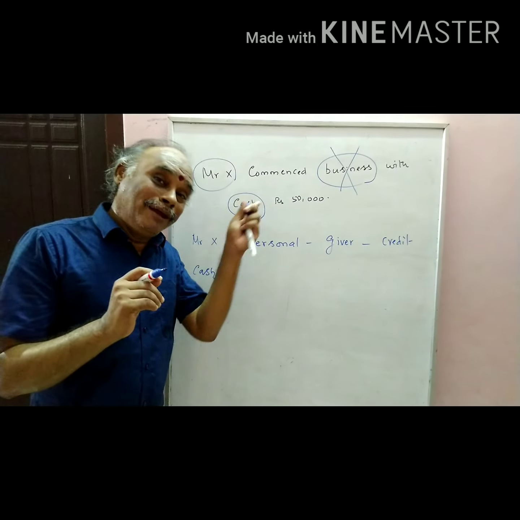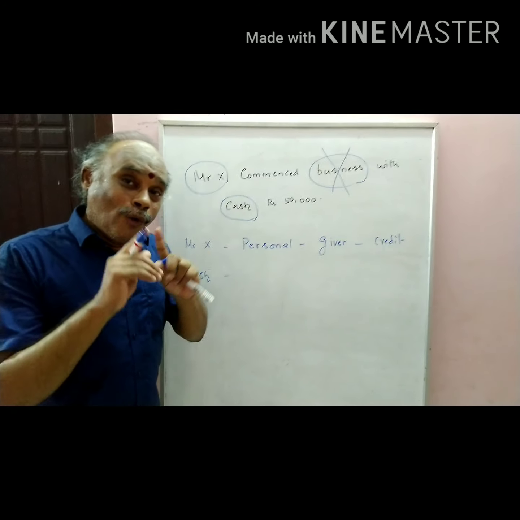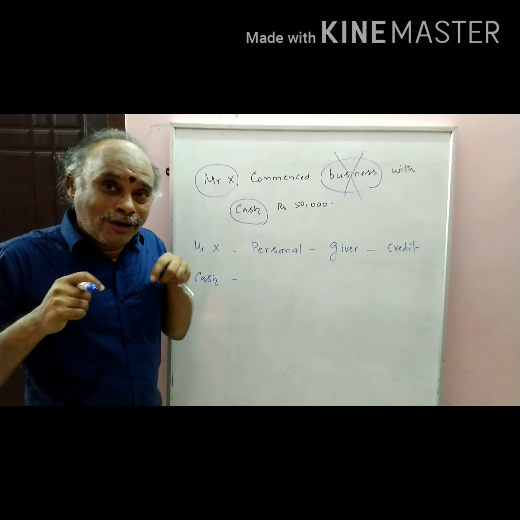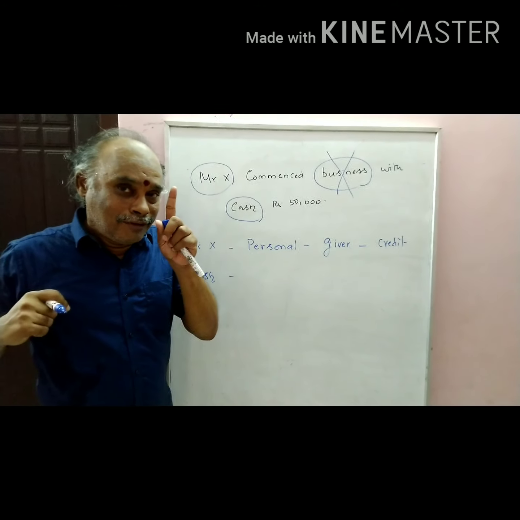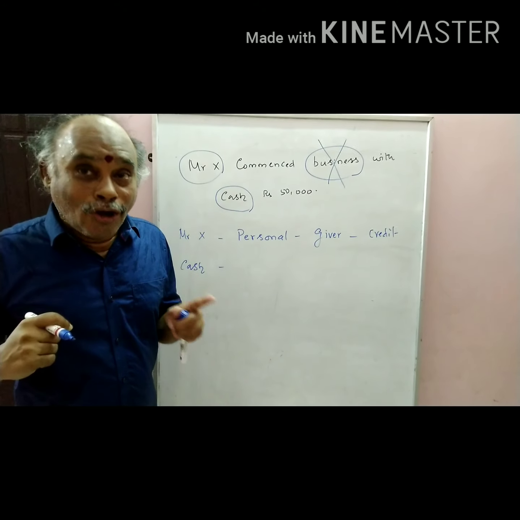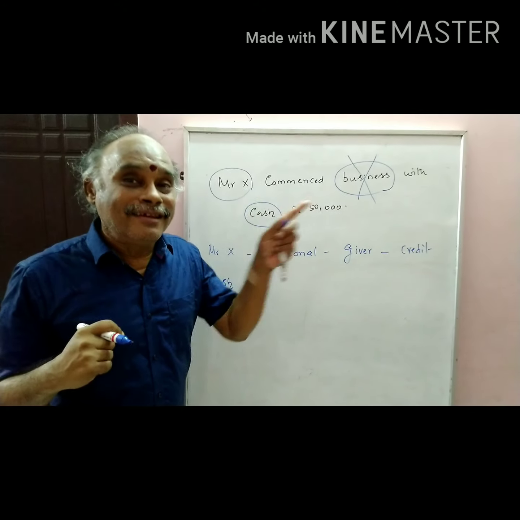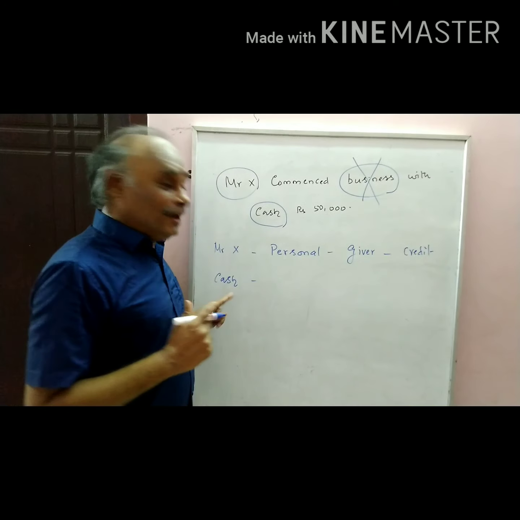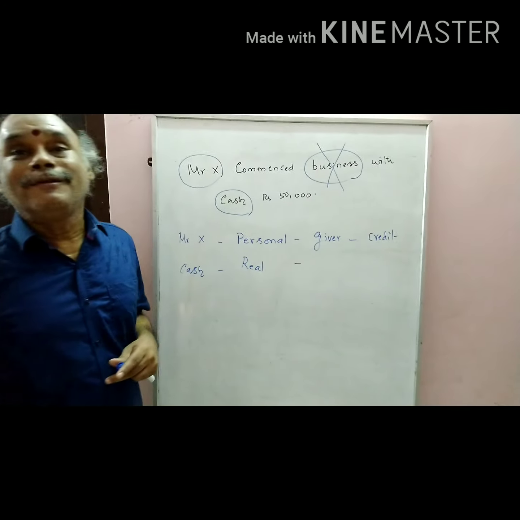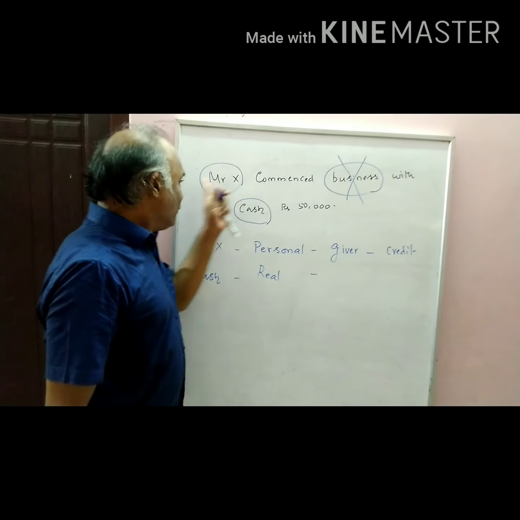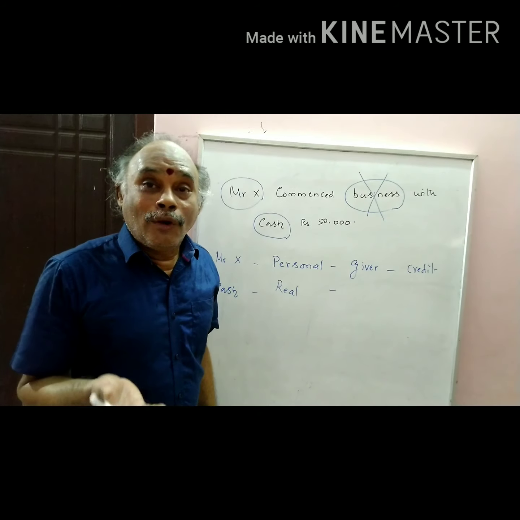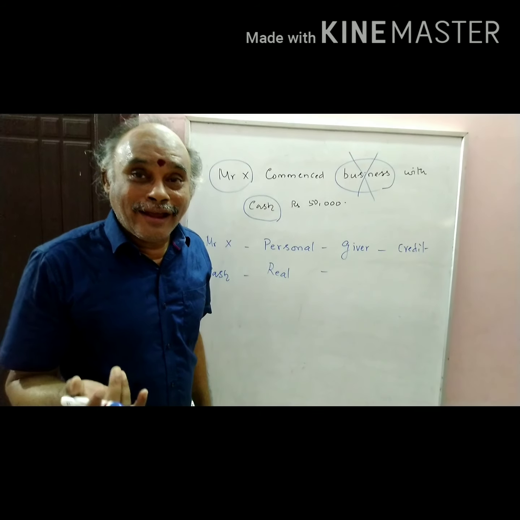Please go back to my previous video where I classified real and nominal, giving some basic important questions one by one. The first question I have written there is anything which has got a long useful life is called an asset. So cash belongs to real, it comes into the real aspect, and as far as this particular transaction is concerned, what is cash doing?